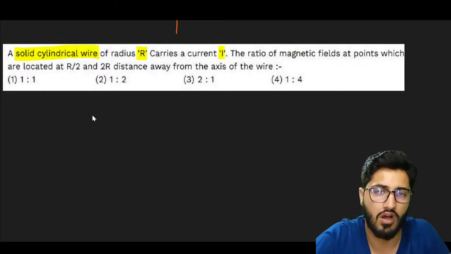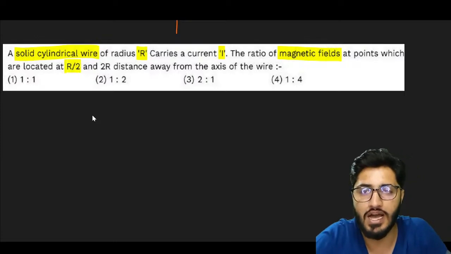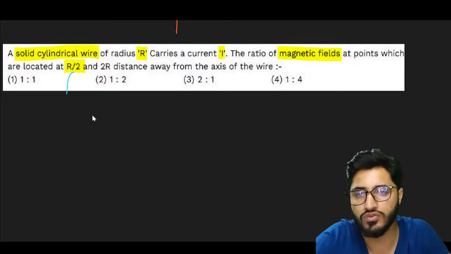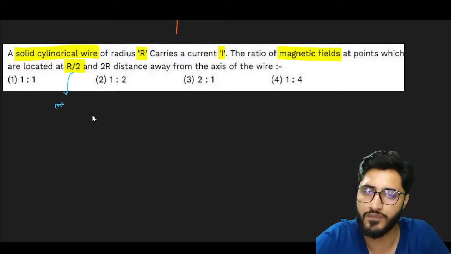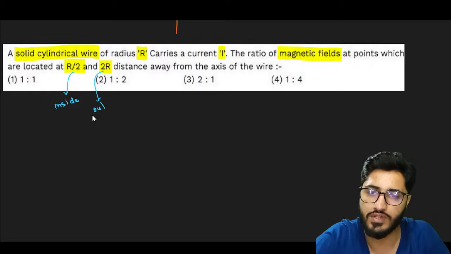The ratio of magnetic field at a point located r by 2, which simply indicates an inside point, and 2r, which would be an outside point, distance away from the axis of the wire.